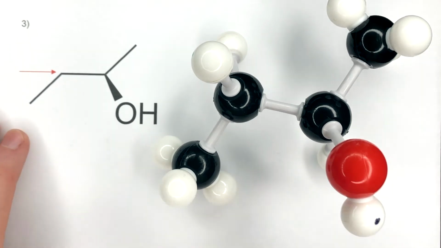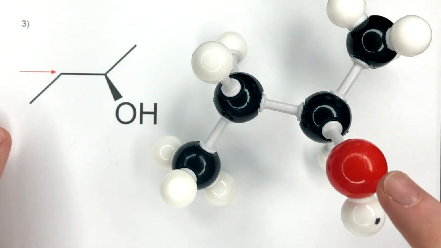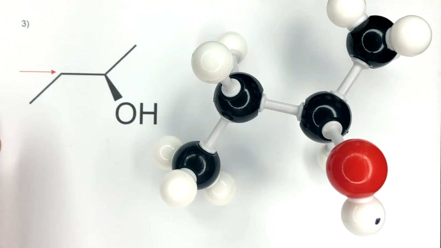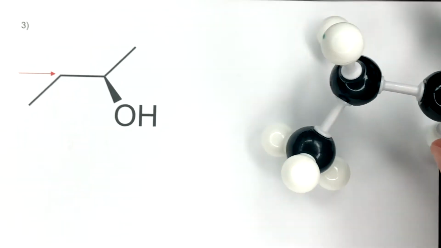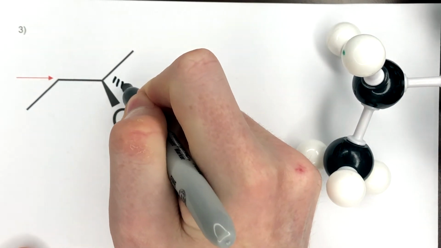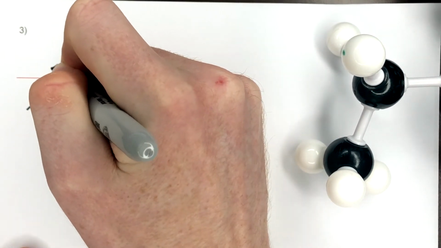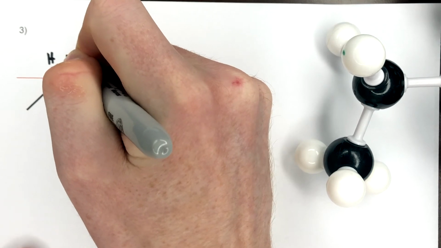We have our CH3s trans, and then the OH here, which is represented by this red atom with the hydrogen bound to it, is out of the plane. And then this hydrogen that's not drawn is in the plane. So let me draw that real quick. And then a hydrogen here is out of the plane and in the plane.